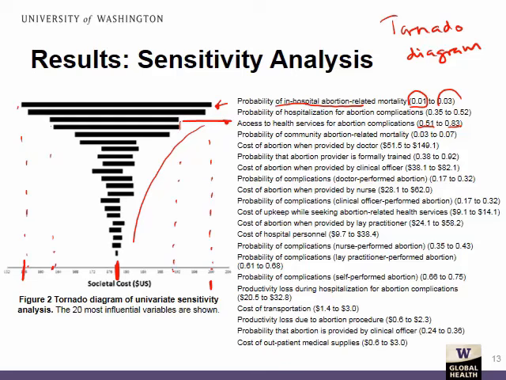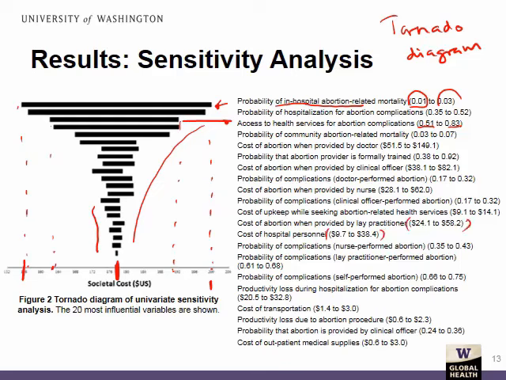If you see it in papers, it's a representation of one-way sensitivity analysis with the parameter that has the highest impact on results, which we also call the most sensitive parameter, at the top, and it's shaped like a tornado. The parameters down here are very robust, because changing them through their plausible ranges, these ranges in brackets here, changes the results very little.